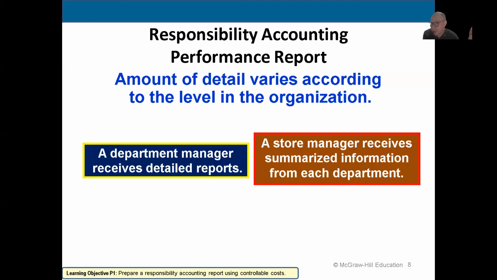And then the vice president of the country, all they see is the bottom line for the whole region, right? You see, every level that you go up, the less detail is seen. So the way to remember this is the closer you are to the customer and to the product, the more detail you can see.